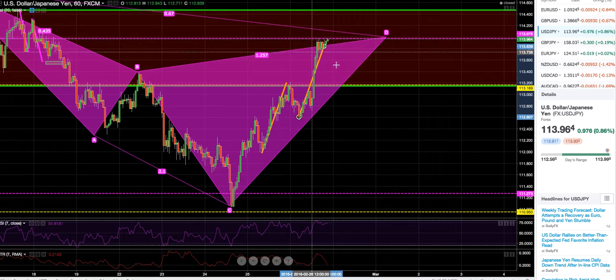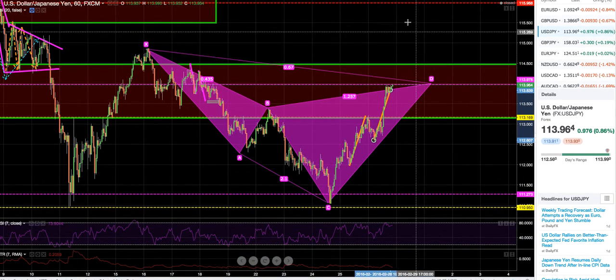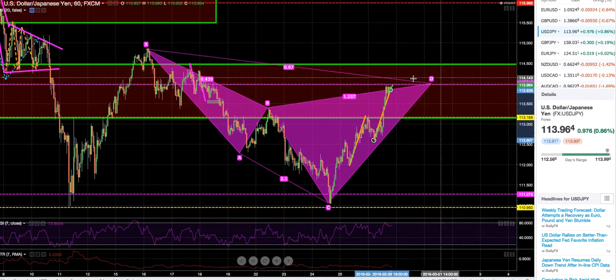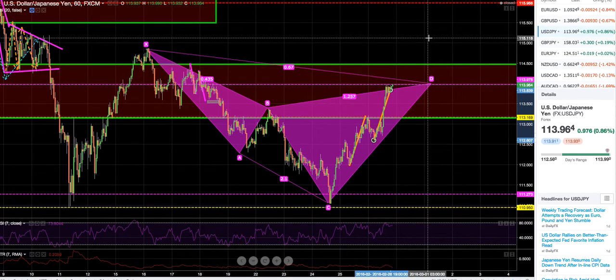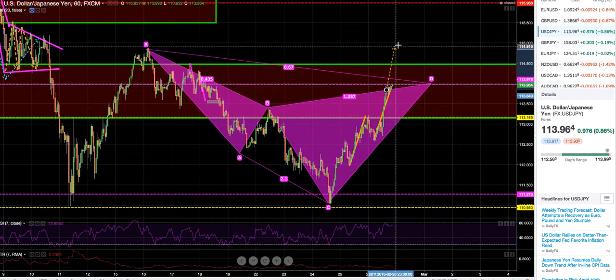So anyway, if you trade the 4 hour and 140 pips is enough for you guys, or you can handle that risk, go for it. This level right here easily could shoot up to this level right here.